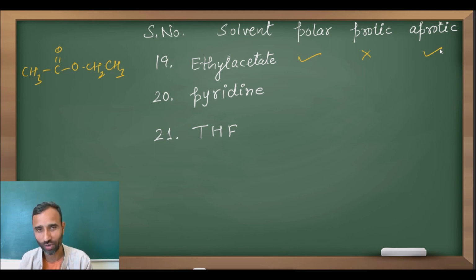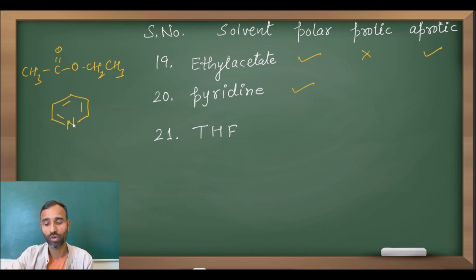There is no nitrogen, so we talk about oxygen only. Pyridine, this is pyridine. In pyridine, the CN bond is there, and at the same time nitrogen has a lone pair, so it is polar, but again aprotic.